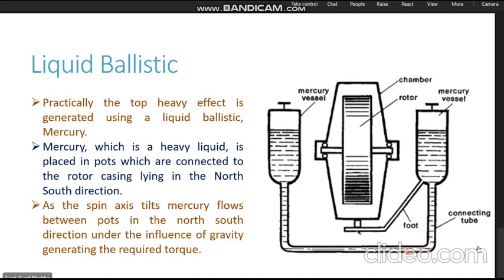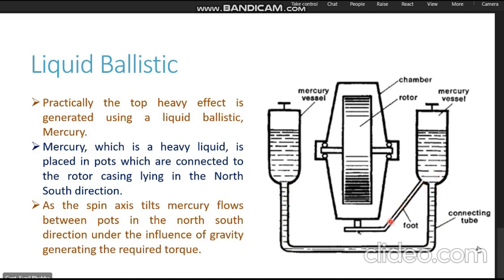You have this connecting tube going at the bottom and is connected to another pot here. One of the pots is on the north end of the spin axis. The other pot is at the south end of the spin axis. So you have this pipe connecting both the pots, and the liquid or mercury can freely flow between one pot to the other.